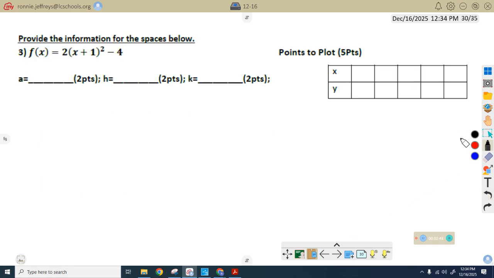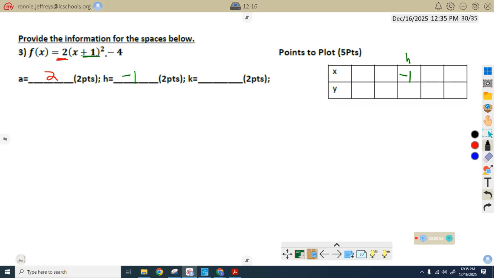All right. This is where people had some mistakes. It's alright. It's been a hot minute. A is going to be here. H, remember, is the opposite. So instead of +1, it's -1. And this goes in the middle. Or H goes here.